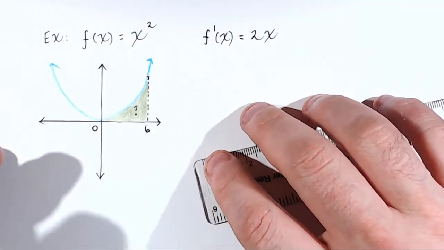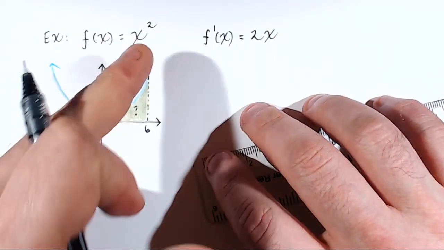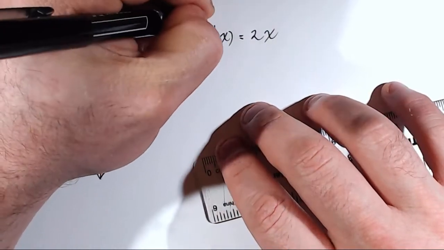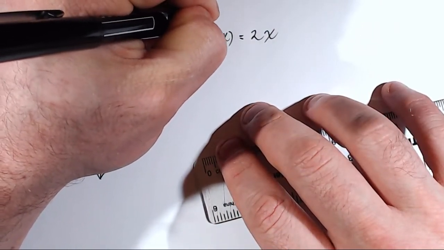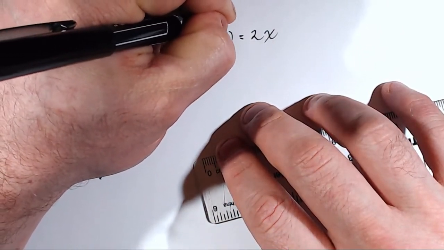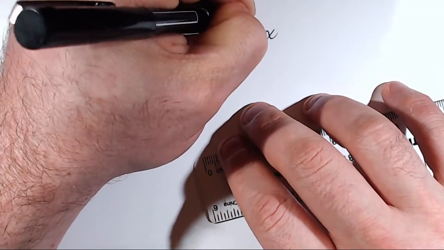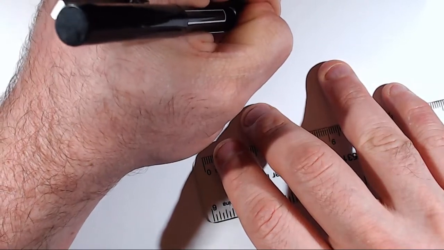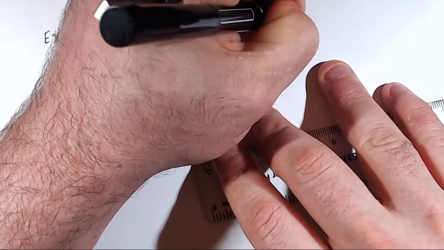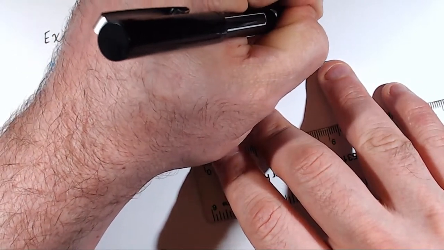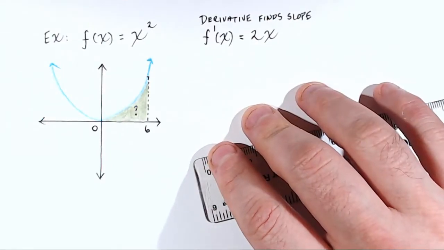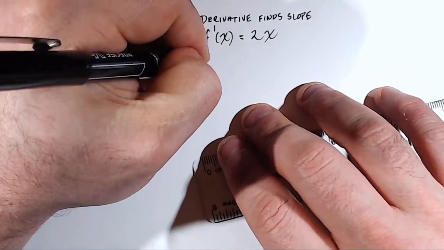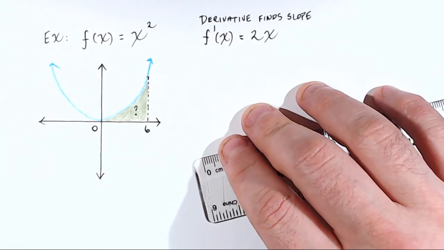And that helps us find the slope of the line as it changes. So this is what the derivative can help us do. The derivative helps us find slope. Derivative finds the slope. But that's not what we're interested in here. We're interested in the integral.